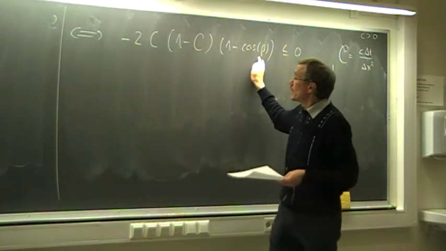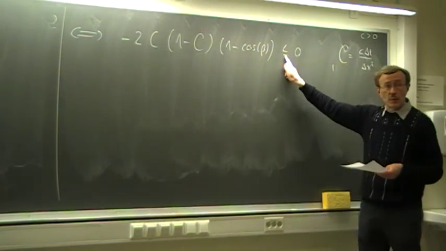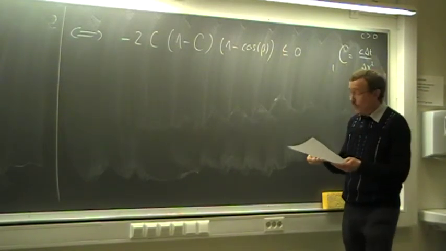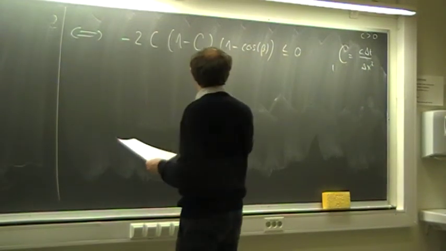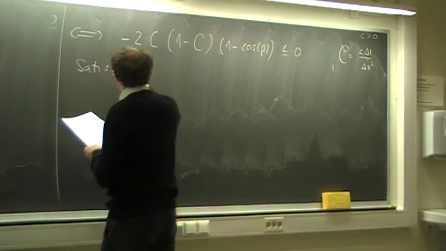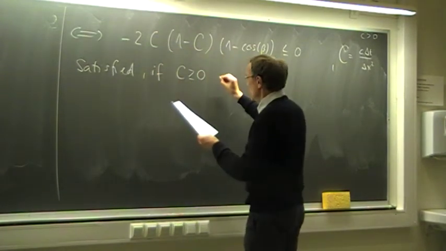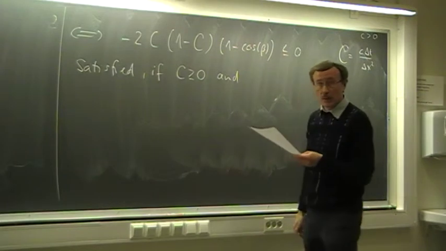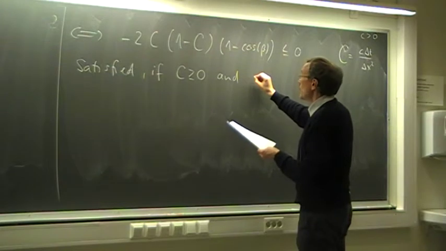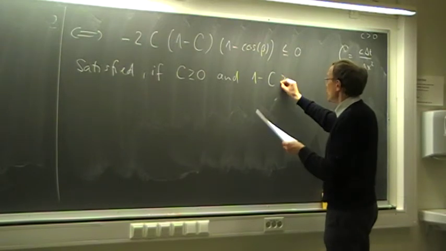So if all the rest is positive, then this will give us something negative, such that this inequality is true. So what we can see is that this inequality is satisfied if c is greater than 0, because the opposite we just discussed will not lead to anything useful. And we will also need what we just argued, that 1 minus c has also to be greater than 0.